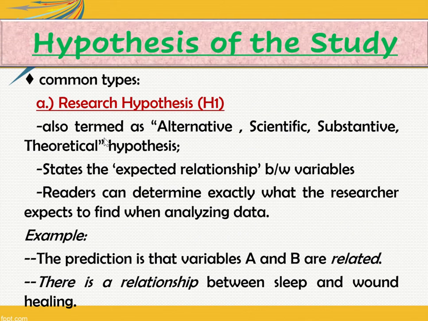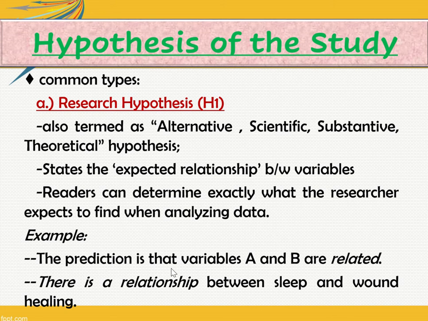So we have common types, and you already know this. First is research hypothesis, or H sub 1, also known as alternative, scientific, substantive, or theoretical hypothesis. So this is the expected relationship between variables, and readers can determine exactly what the researcher expects to find when analyzing data.